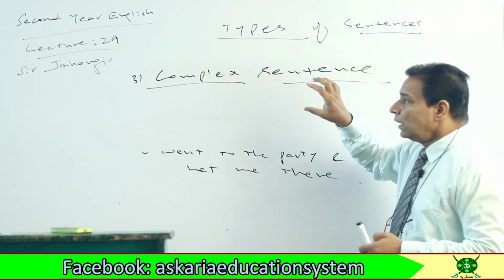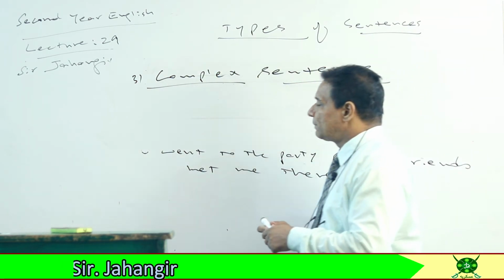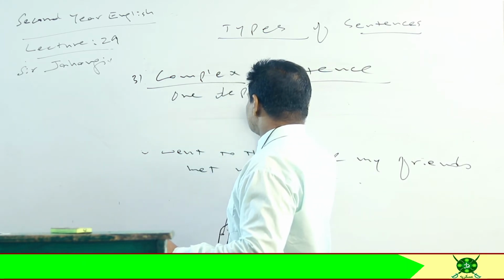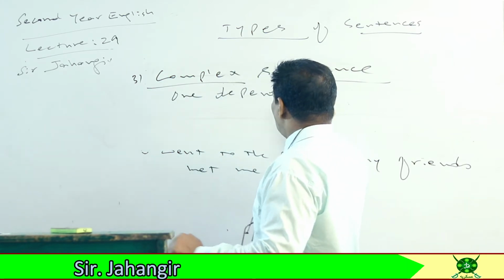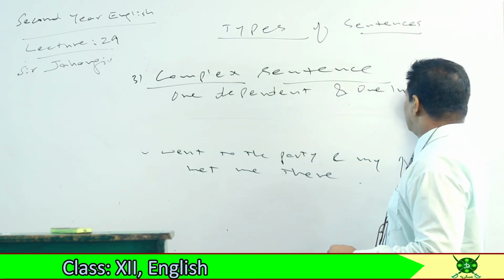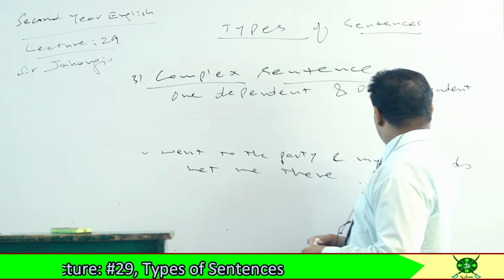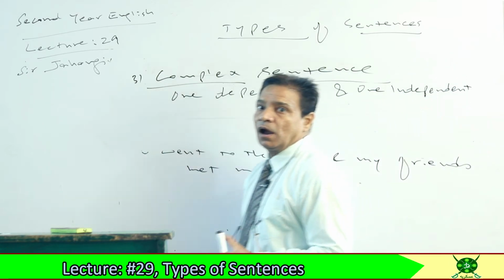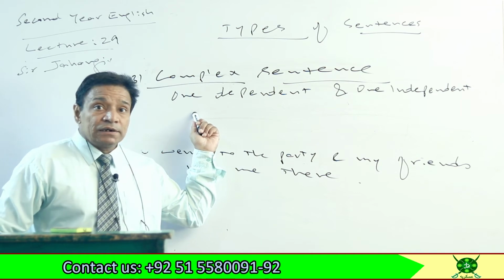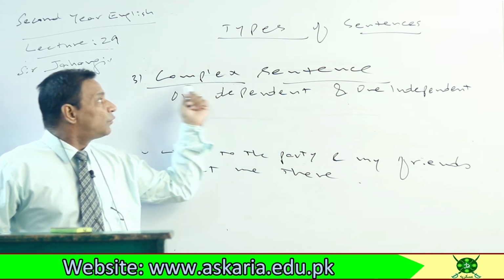A complex sentence has one dependent clause and one independent clause. One dependent clause and one independent clause are required for making a complex sentence.